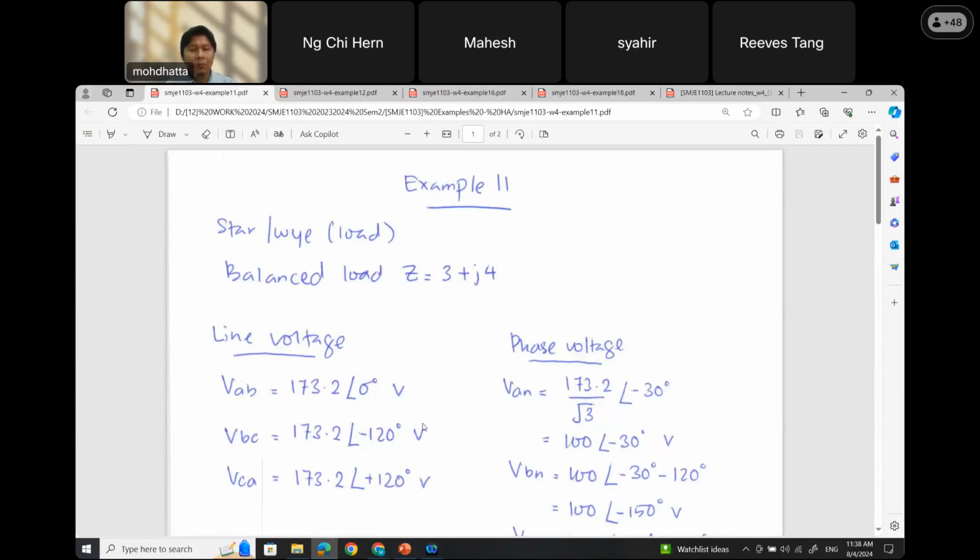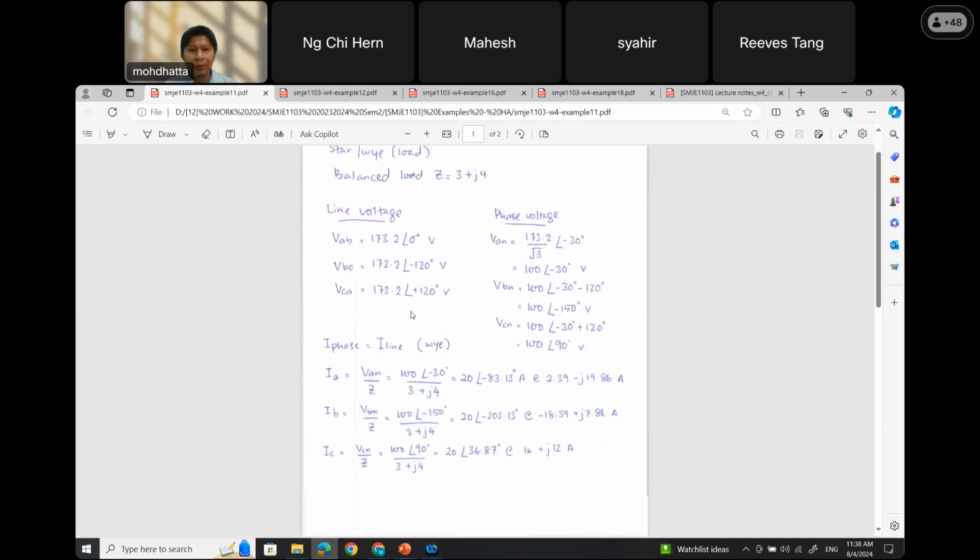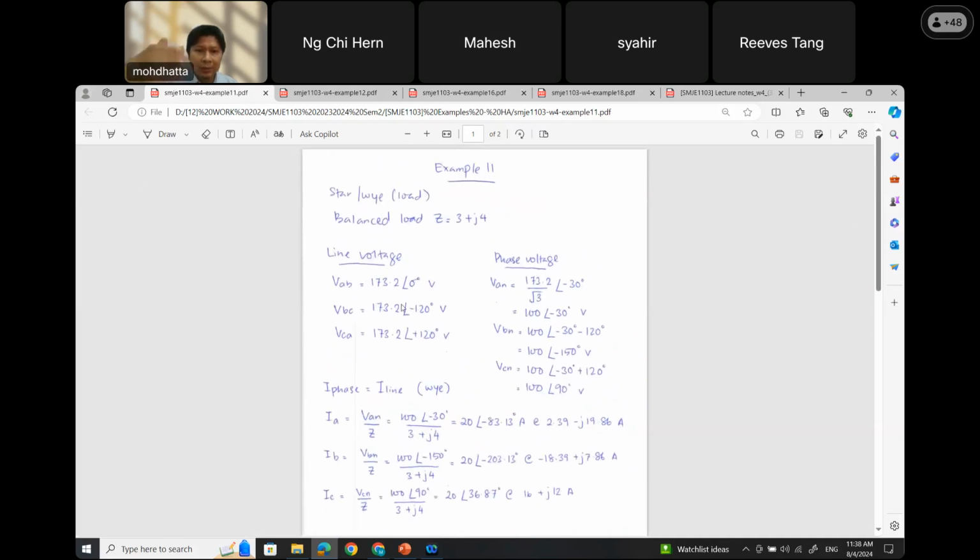All right. For example 11, I would really recommend you guys to start with listing down all the information that you have from the question. If you look at this example, the first thing that I will do is I'll try to identify what kind of connection do I have.